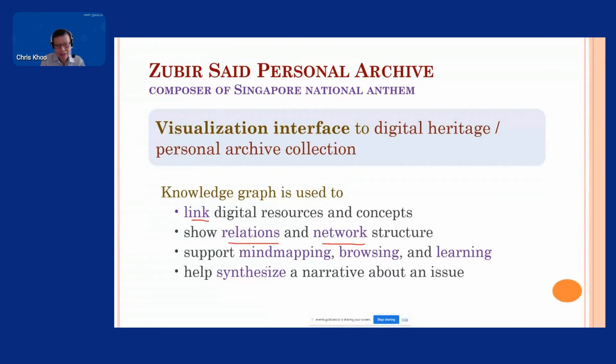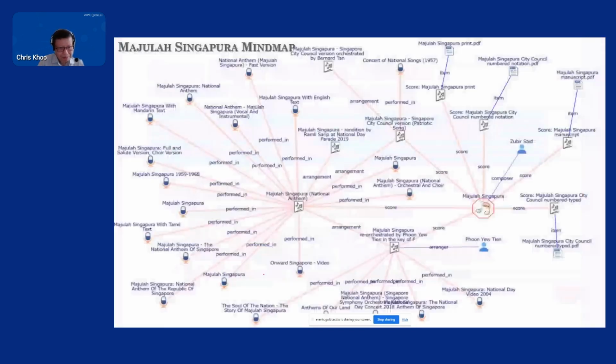So all the applications I'm showing you today are accessible on the web to public users. So this is to support mind mapping, browsing, learning, and I'm hopeful that it will help users to synthesize a coherent understanding or narrative about particular topics.